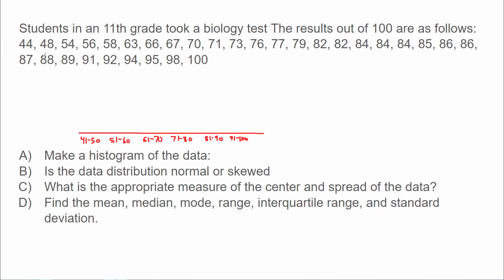For 41 to 50, there's 2 of them. Then I got 3, then 4.